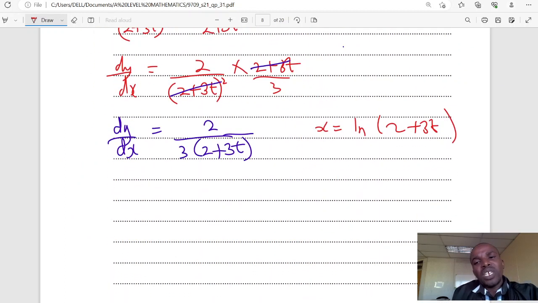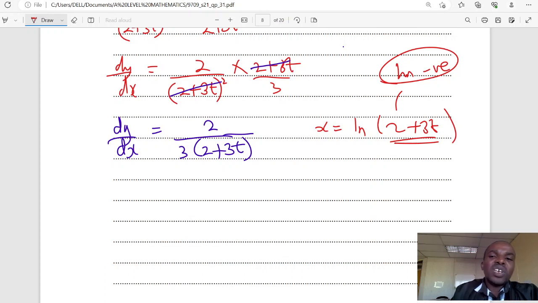But for x now, there's no ln of a negative number. Ln of a negative is undefined. You can't find the logarithm of a negative number. So it means the thing inside here must never be negative. It means my t is not supposed to be a number that will give me a negative number.